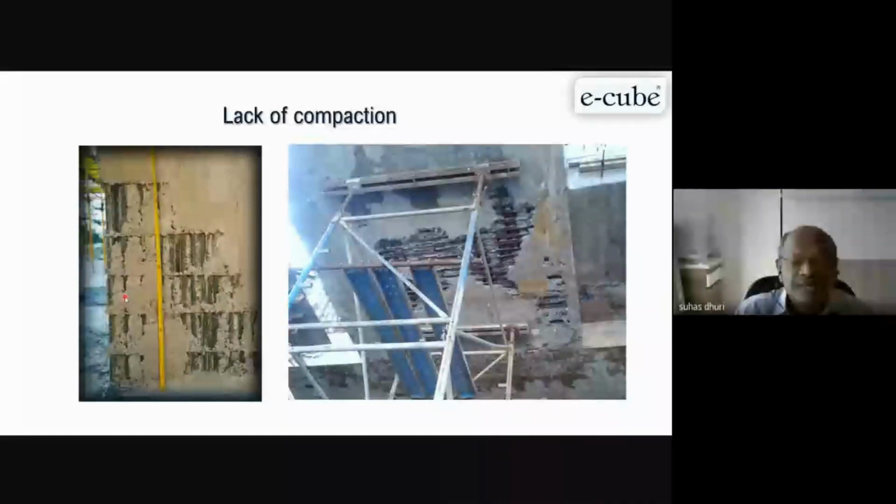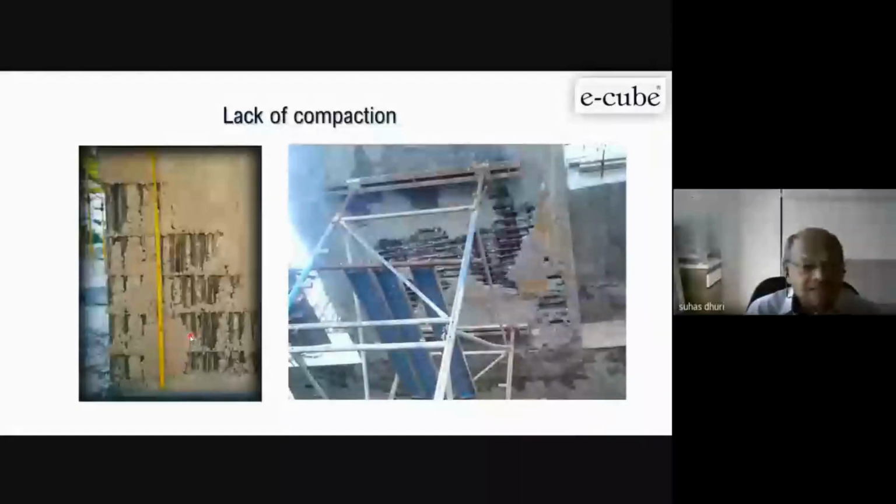So when the designer is specifying the spacing of reinforcement, he has to understand what type of concrete I am going to use. It's very easy to draw on the drawing board 20 bars at 50 mm center to center, but in reality at the site, what will happen?